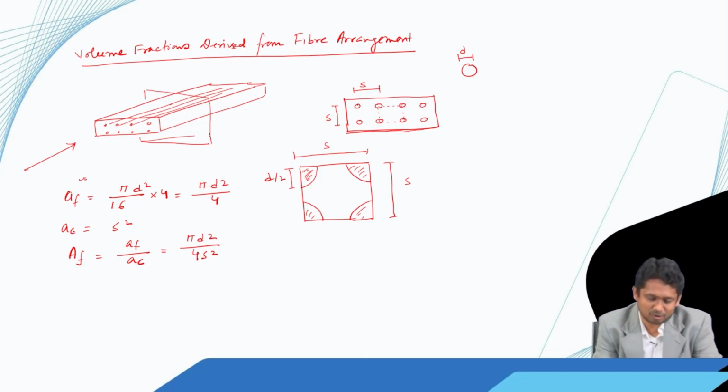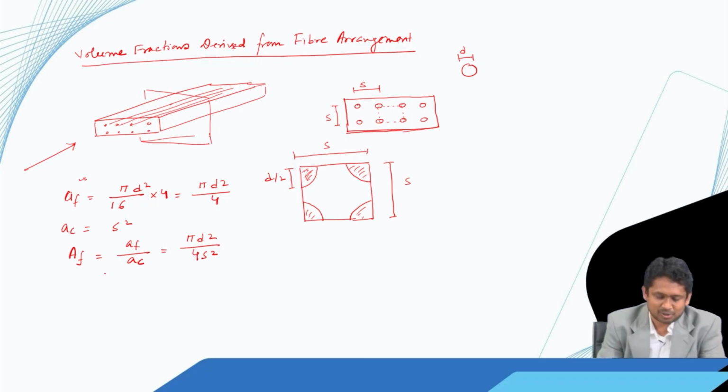Similarly, the composite volume is this quantity multiplied by the entire length. So, we can definitely say that the area fraction is equal to the volume fraction also, and that is pi d square by 4 s square.